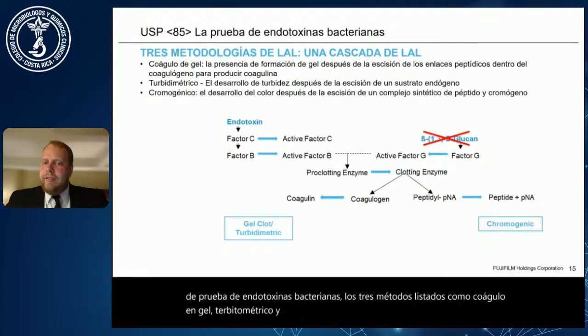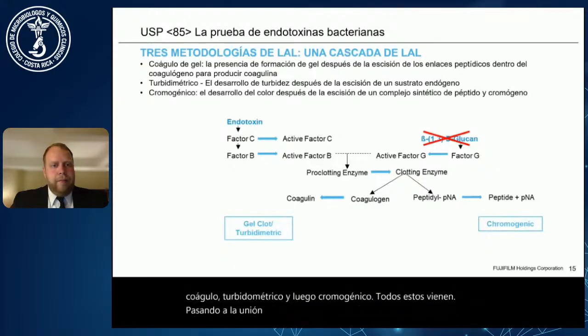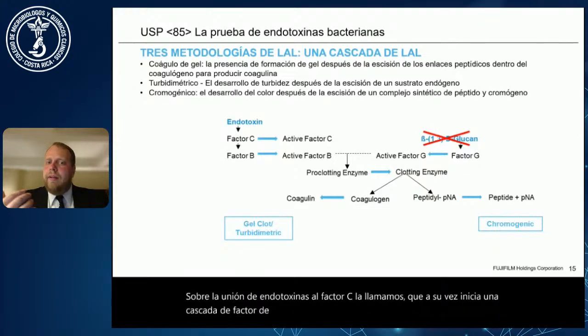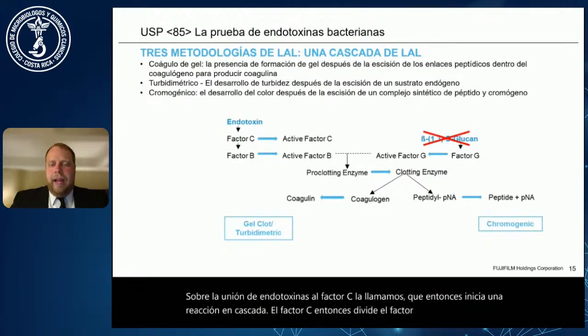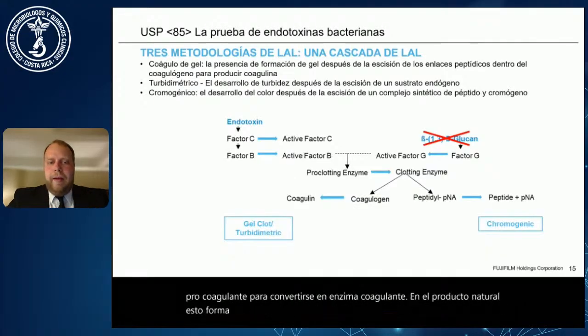All of these come down to endotoxin binding to factor C, we call it, which then initiates a cascade reaction. Factor C then cleaves factor B, which then activates the proclotting enzyme to become clotting enzyme. In the natural product, this forms a gel, which can be measured by the gel clot.